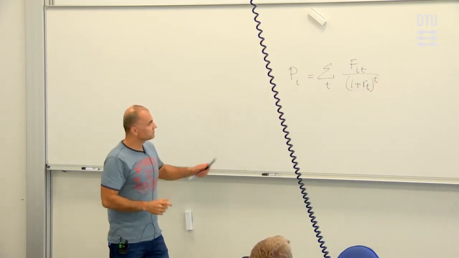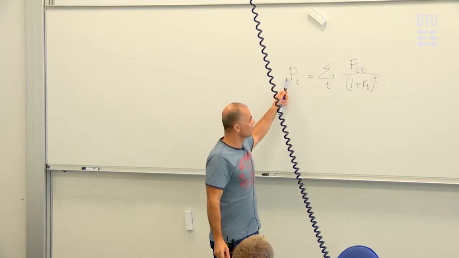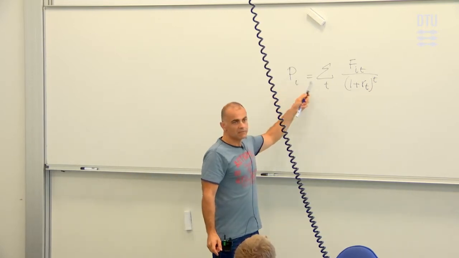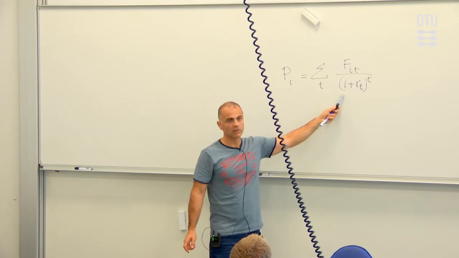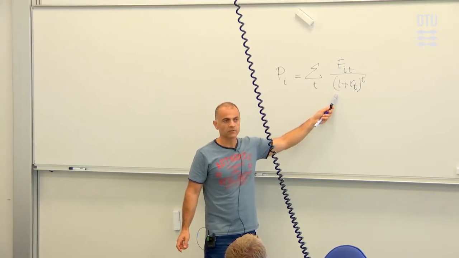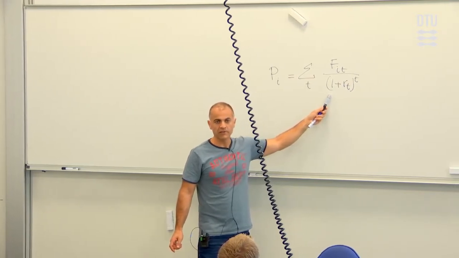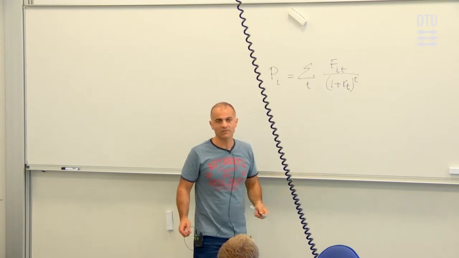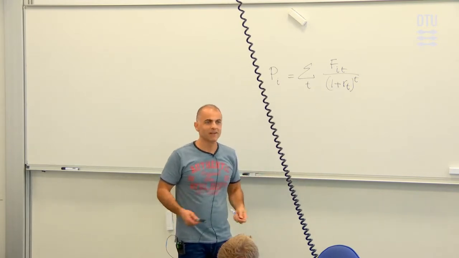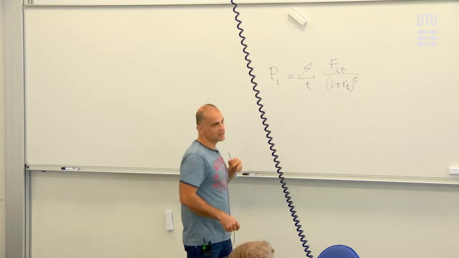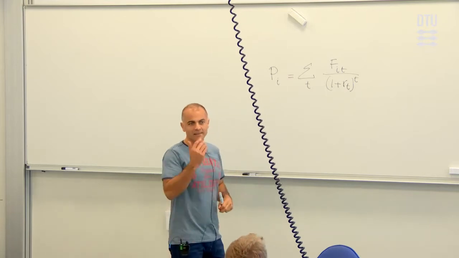So obviously, the price of a bond is inversely proportional with the level of interest rates, right? So what does that mean? When the interest rate goes up, what happens with the price of a bond? It goes down, and when interest rate goes down, the price of the bond goes up.